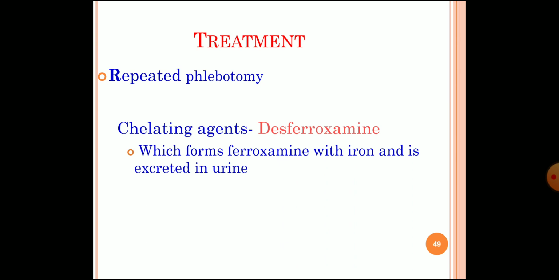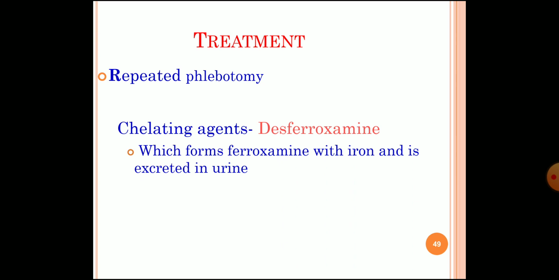Another method is chelating agents. Desferoxamine is a drug which can chelate the iron. It combines with the excess iron to form ferroxamine, and it is excreted in the urine.